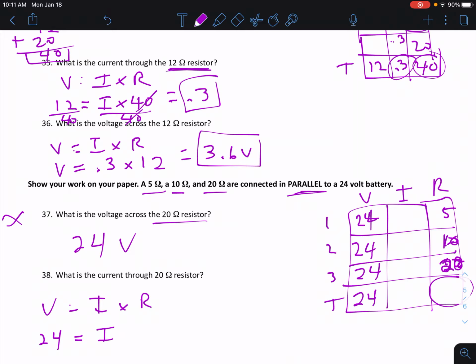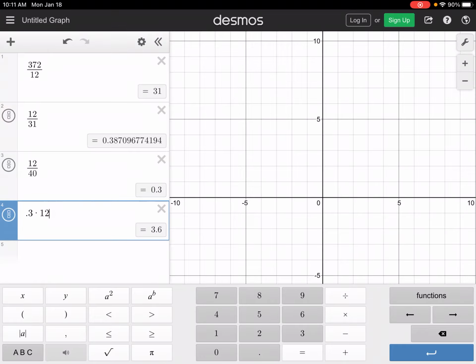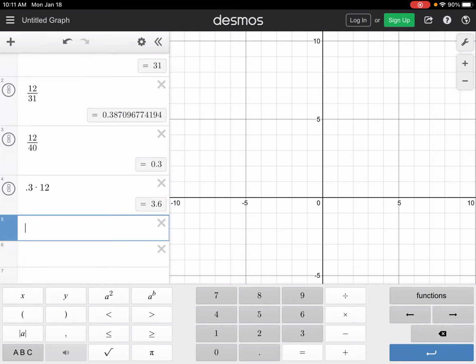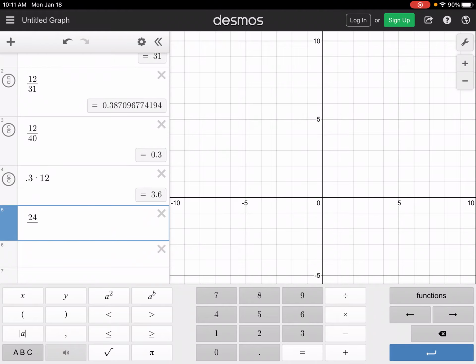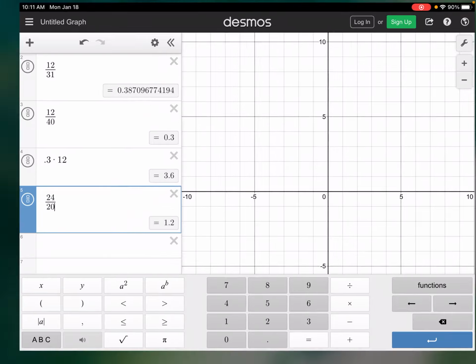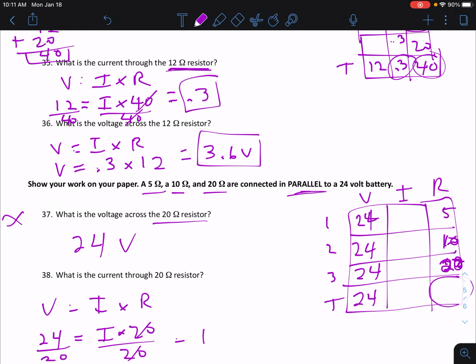The resistance is the 20 ohms, and we can isolate the current by dividing both sides by 20. 24 divided by 20 gives us 1.2 amps. This one up here was 24.